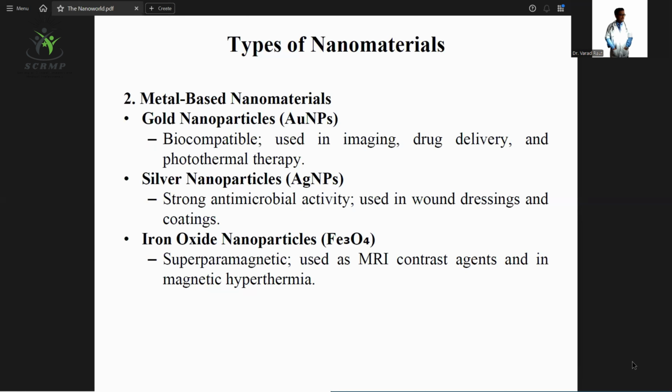So, removal of tumor by heat and magnetic field. That is magnetic hyperthermia, a recently discovered technology. So in metal-based nanoparticles, there are three types: gold nanoparticles, silver nanoparticles, and iron oxide nanoparticles. Next slide, please.